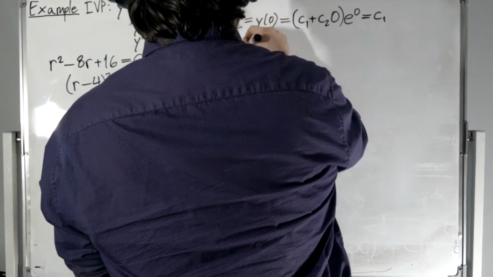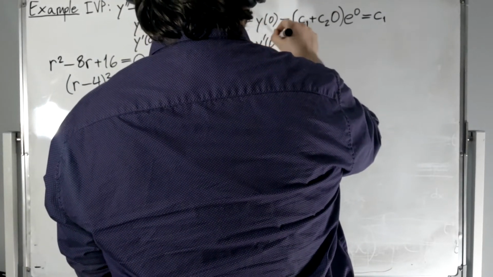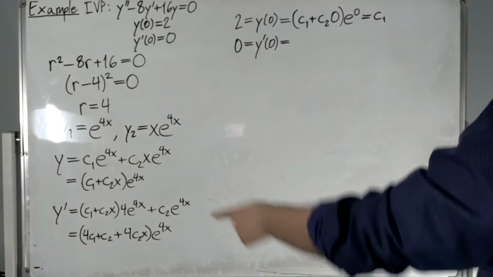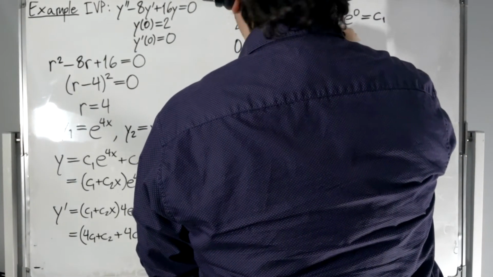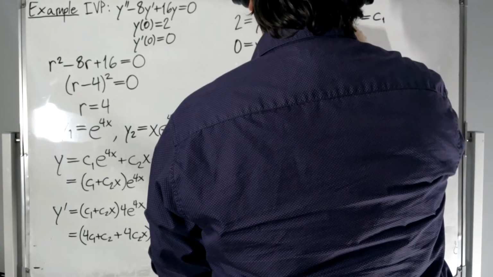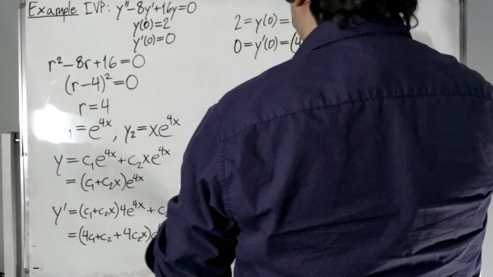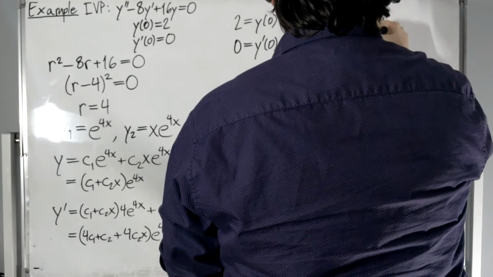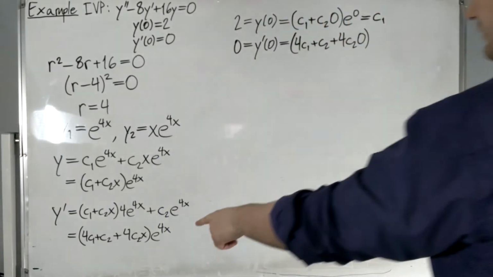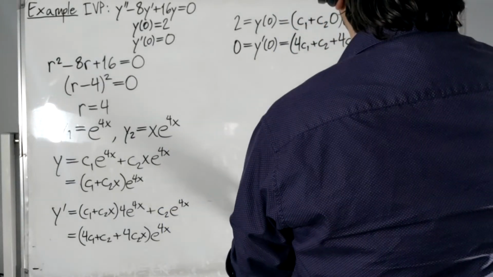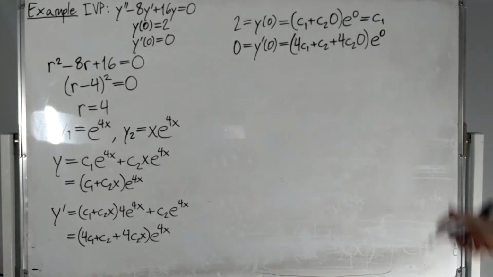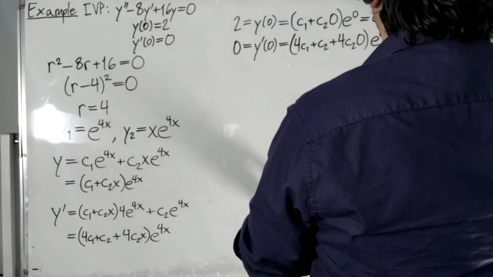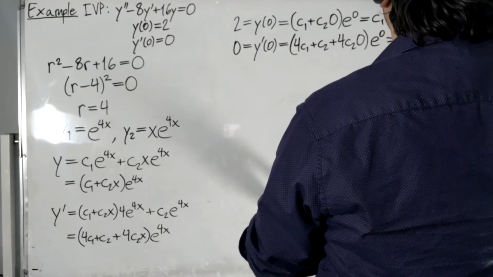Okay, so that's important to us because y'(0) is supposed to be 0. So 0 has to be y'(0). And that has to be 4c1 plus c2 plus 4c2 times 0 times e to the 0, which just comes out to be 4c1 plus c2.